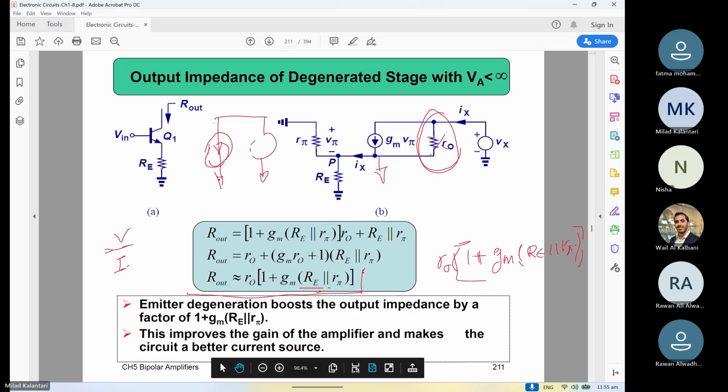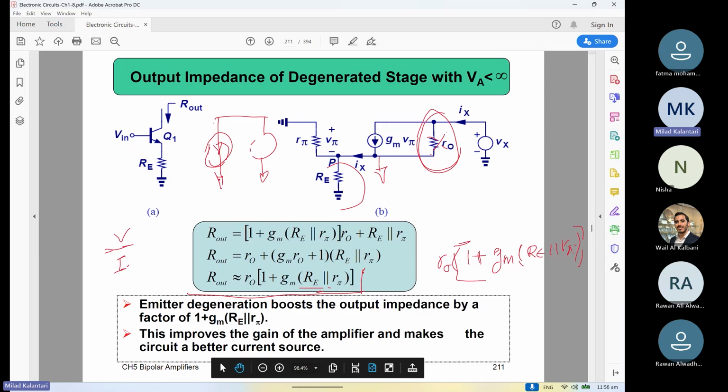So after having this degeneration, the output impedance is increasing, right? So what remains is a better current source, though it's not good for the voltage amplifier. For a voltage amplifier, we prefer a smaller output impedance, right?